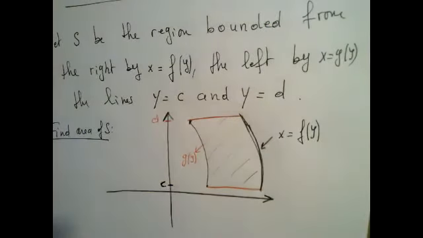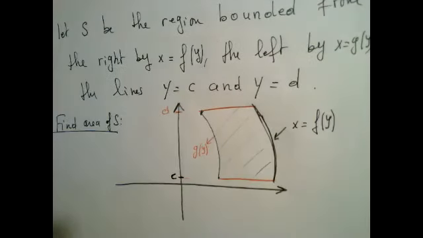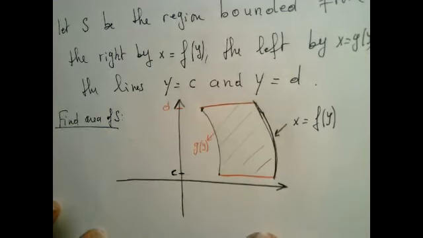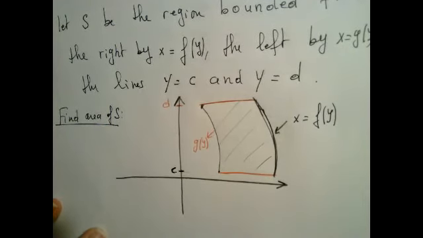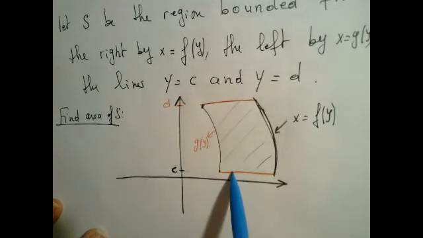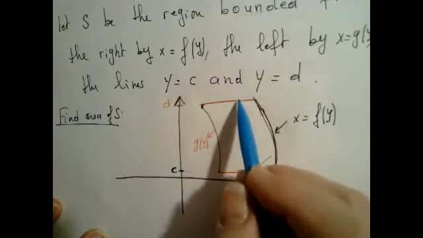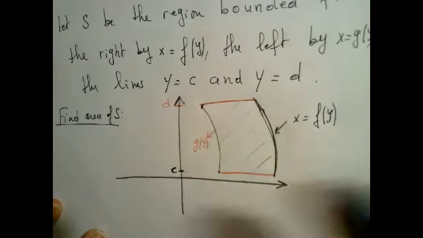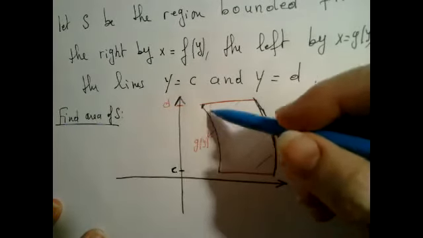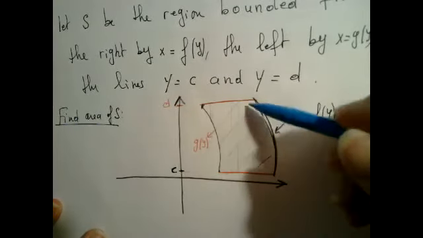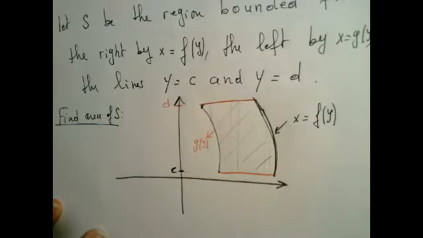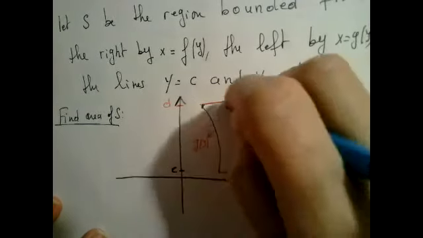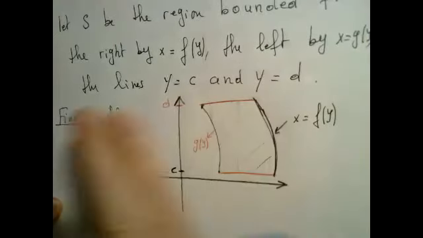Right. So how are we going to find the area? For this problem, we are going to repeat the same thing we did in the previous situation, but instead of splitting this region vertically, which is almost impossible here because the upper curve, lower curve is really not under our control, we're going to split it horizontally.